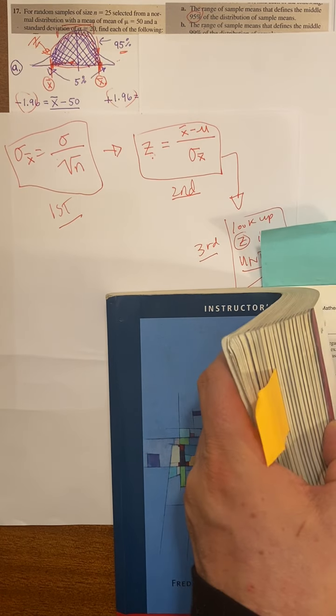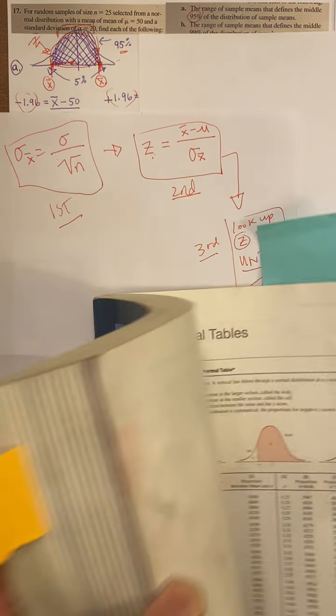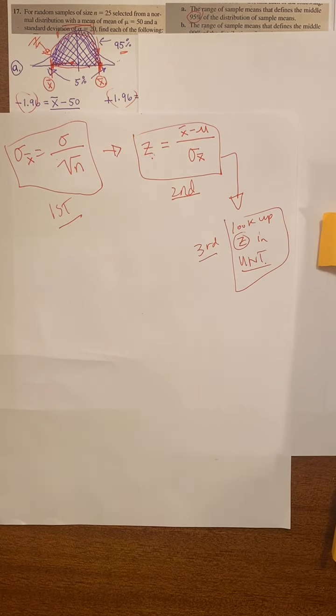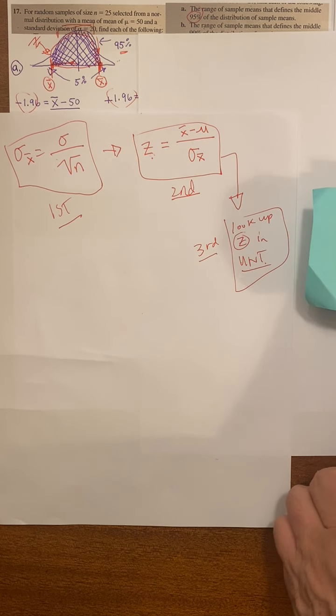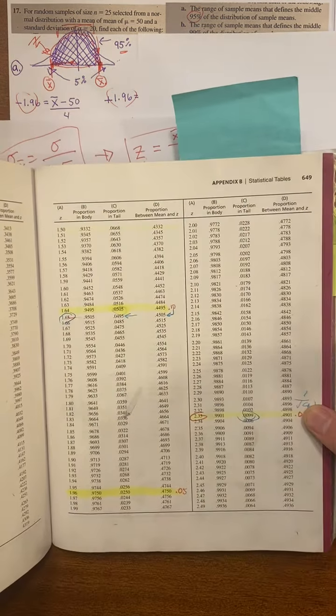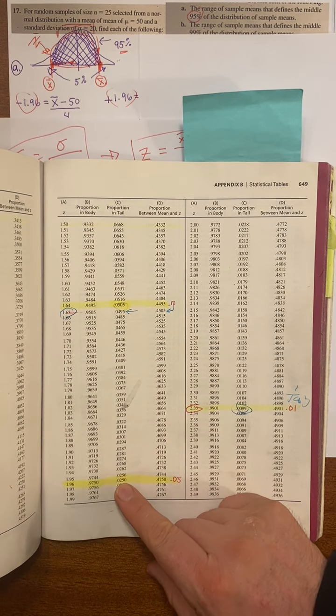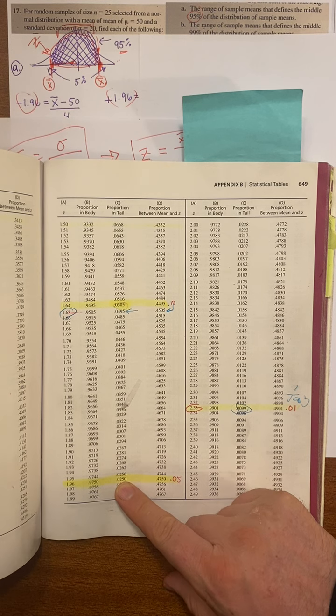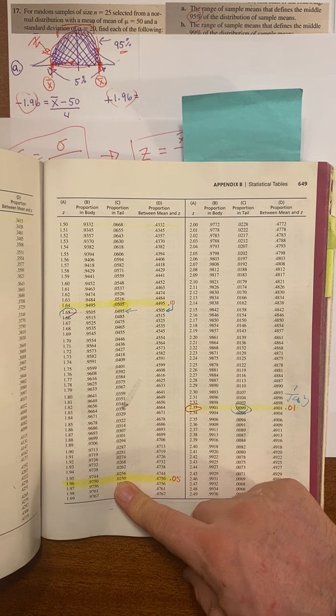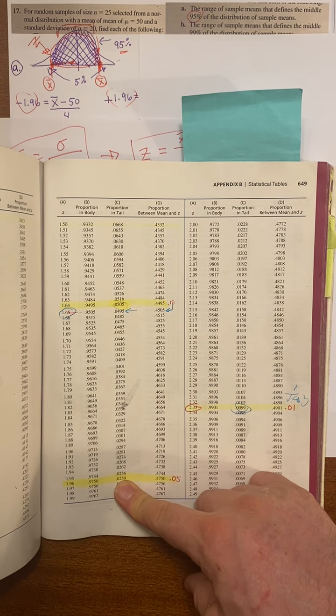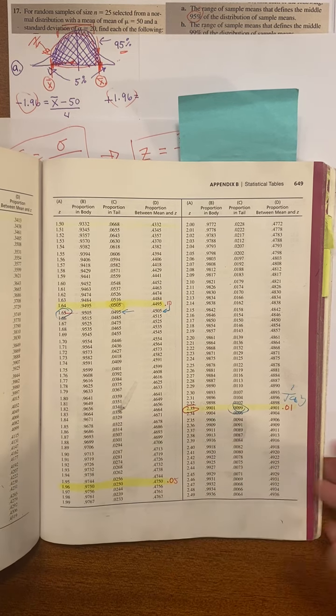How do we know that that 1.96 is the value there? Well, the way that we know is if we go to our unit normal table and we look up 1.96, we see that in our tails, we've got this much proportion, this 0.0250, right?